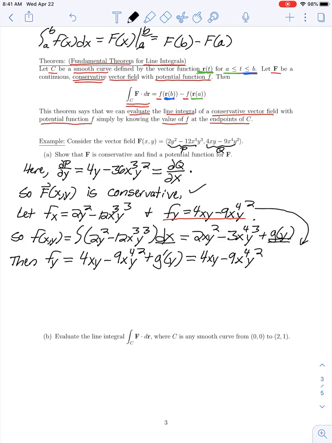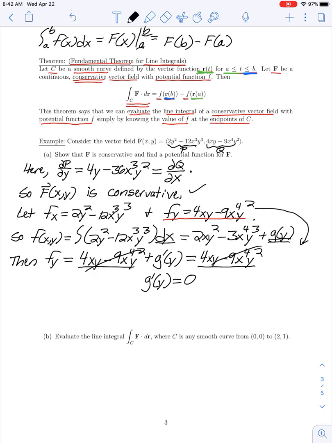So we can compare on both sides of our equation. We see that we have this same term, 4xy minus 9x to the fourth y squared, which can be canceled. And we're left with the derivative of g, that is g prime of y equals 0.